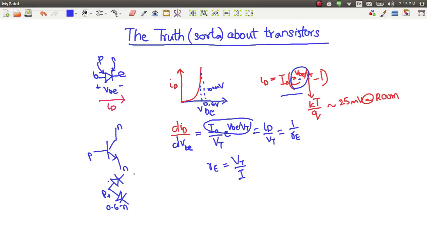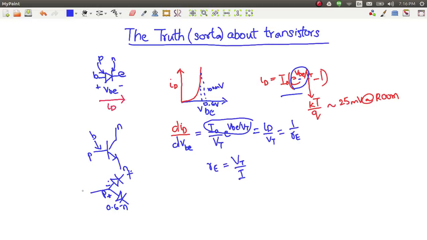There is something a little more than that happening at what you call the base, which makes it act in a special way. But we are reverse biasing this diode, so this voltage is usually higher than this voltage, and this voltage is usually higher than this voltage, and then you are in the normal functioning mode of a transistor. If both the diodes are forward biased, you are not in the normal mode of functioning of a transistor.